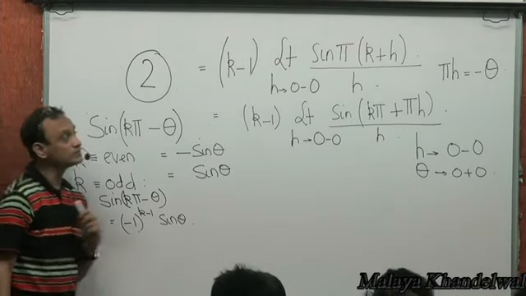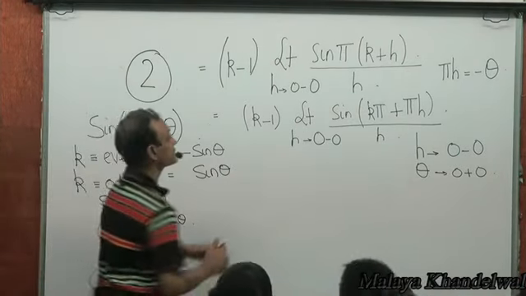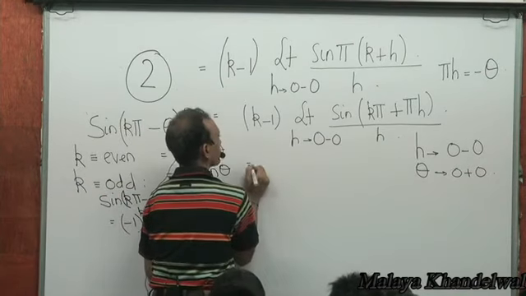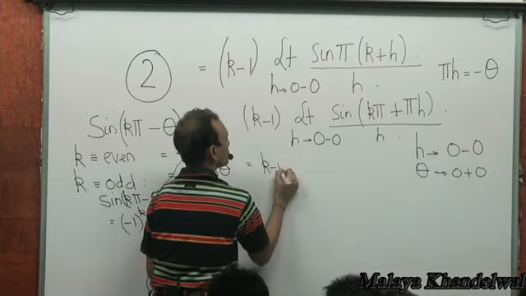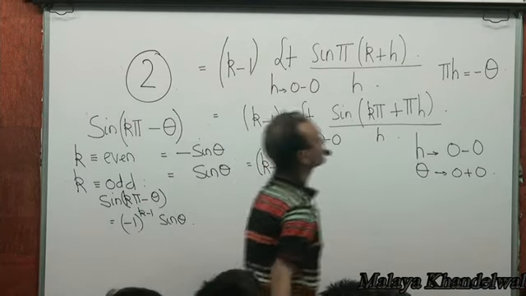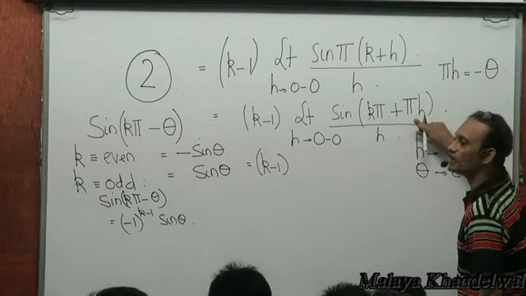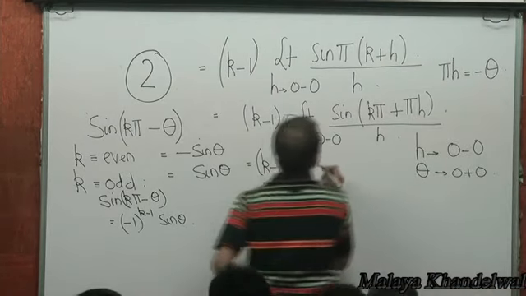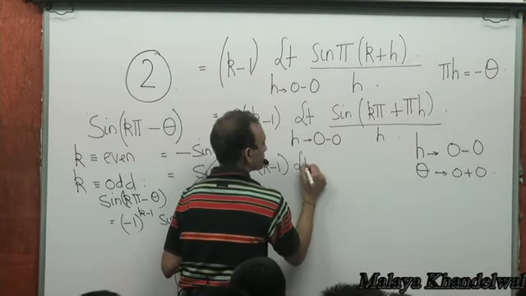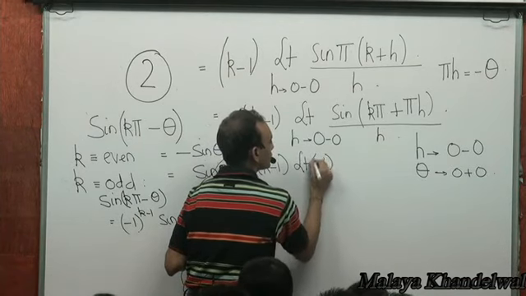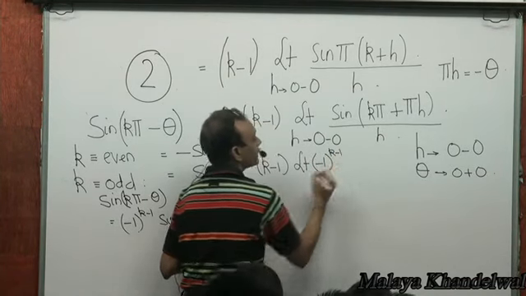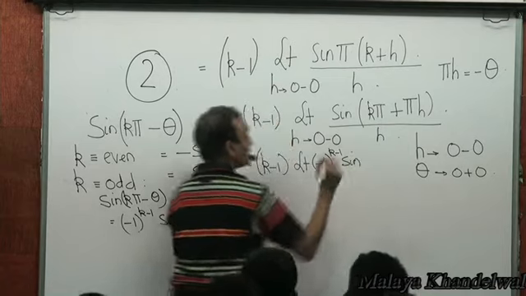Right? So I could have written this with K minus 1, where theta is minus pi h. So this is like limit minus 1 to power K minus 1 sine theta.